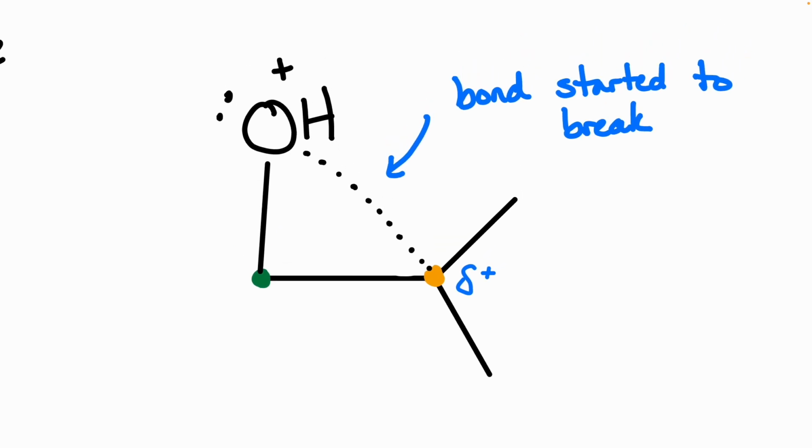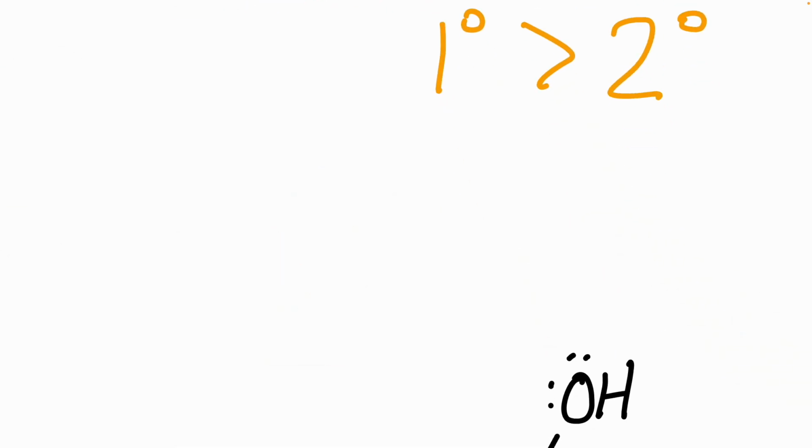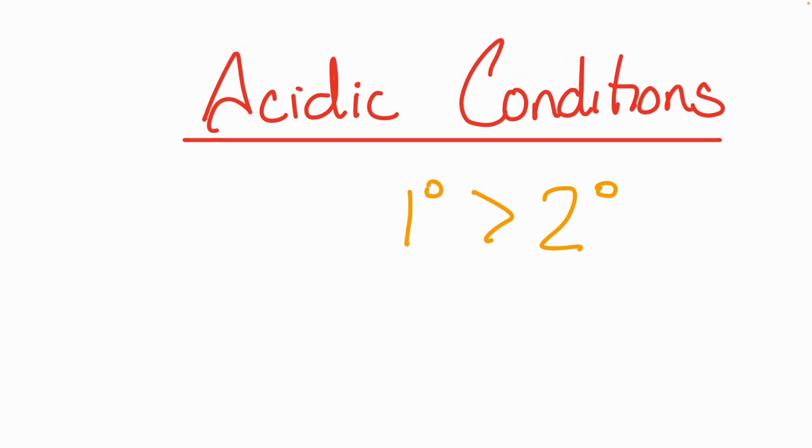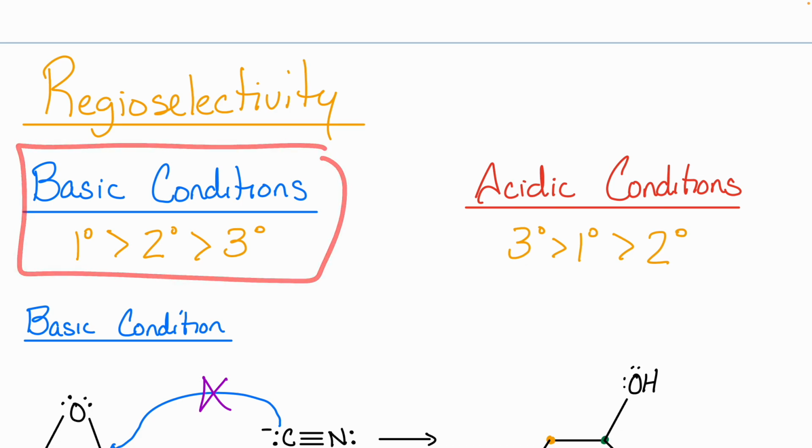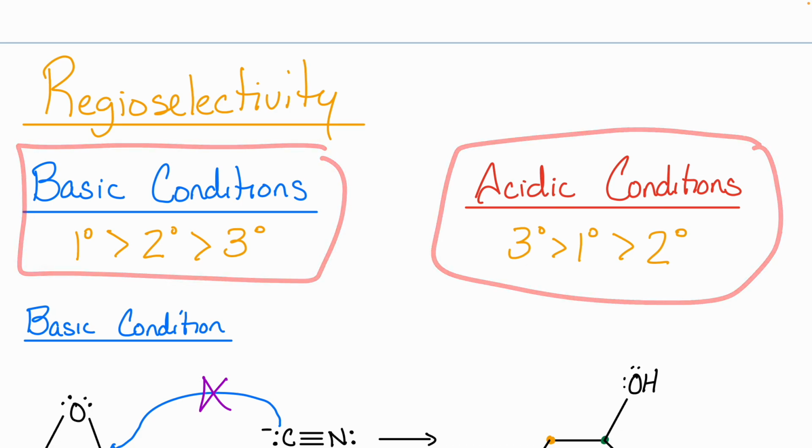All right, so when we do our regioselectivity of our epoxides under acidic conditions, it's actually going to be any tertiary carbon that is the most likely to be substituted. And then we get to our regular sterics argument. All right, so we have different regioselectivity for these epoxide reactions under basic conditions than under acidic conditions.